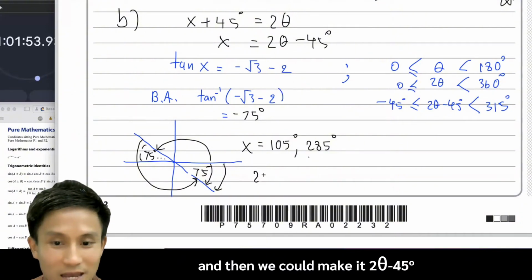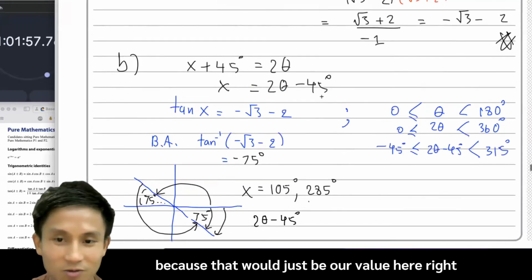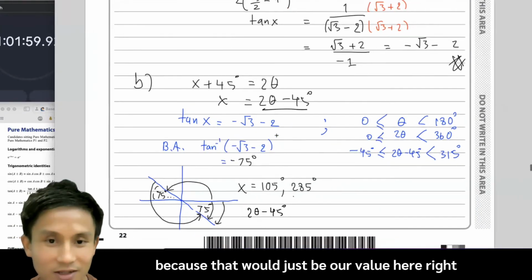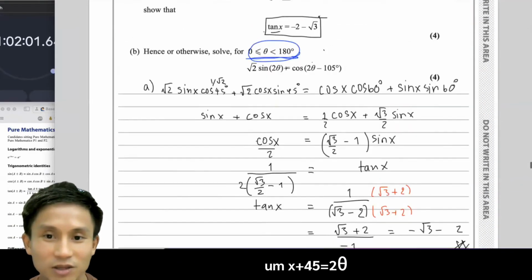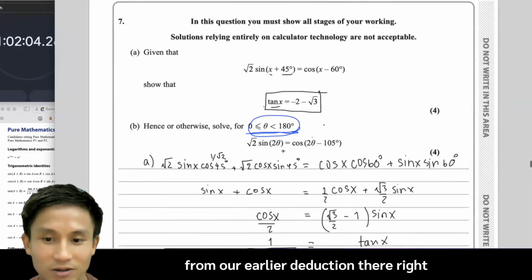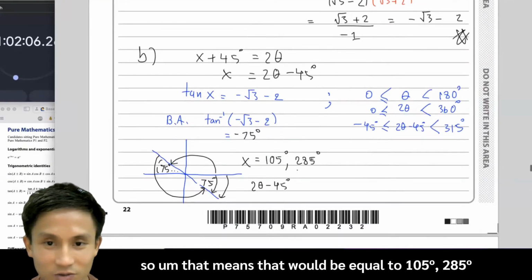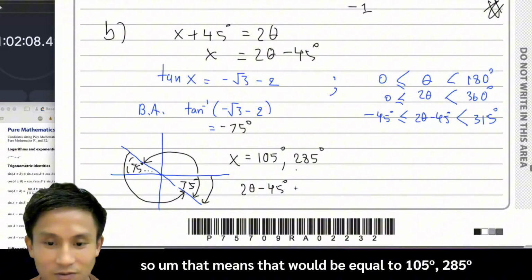And then we could make it theta minus 45, because that would just be our value here, right? x plus 45 is 2 theta from our earlier deduction, right? So that means that would be equal to 105 and 285.